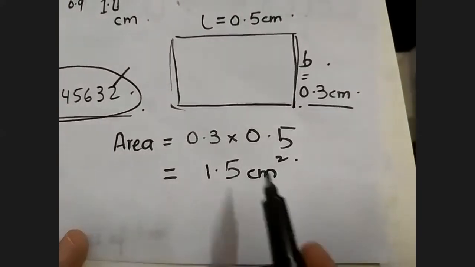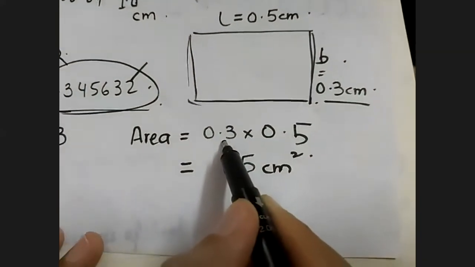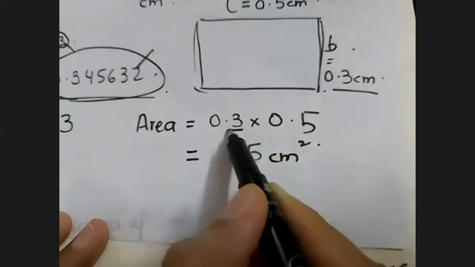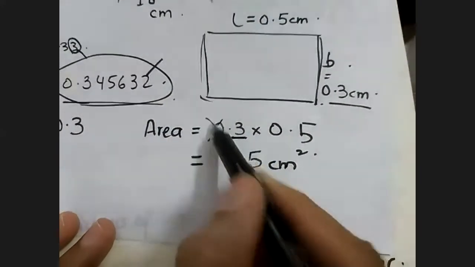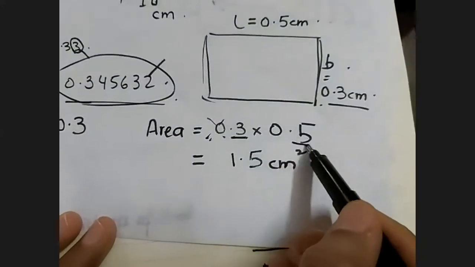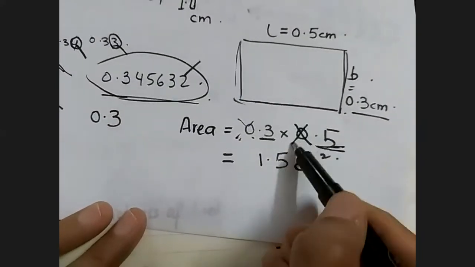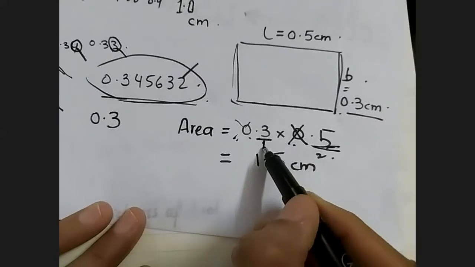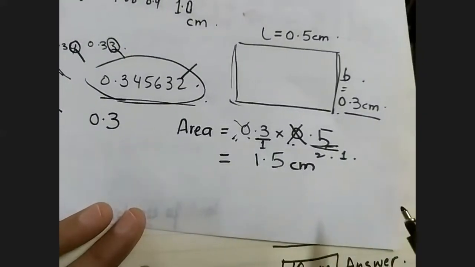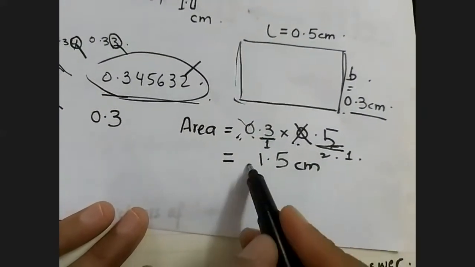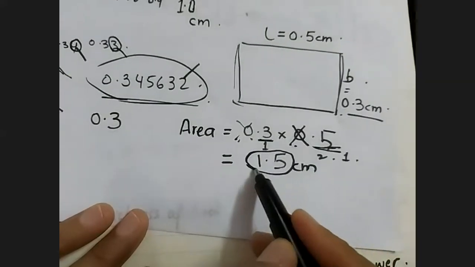Now, how many significant figures are here? 0.3, only one, because this is not a significant figure. This also has only one, because this is not a significant figure.